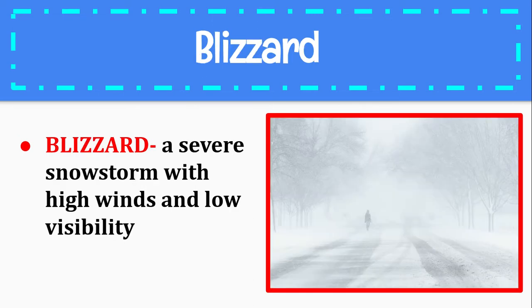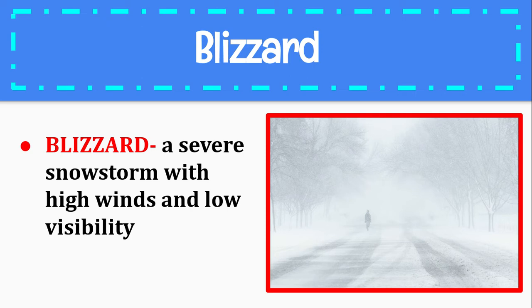A blizzard. Okay, I really like this picture because it basically meets the definition, which is a snowstorm with high winds and low visibility. If you notice in this picture, there actually is a person there, but you can barely see them because of the low visibility. I could just have put a picture of all white, and that could have been a blizzard because a lot of times you can't really see anything.